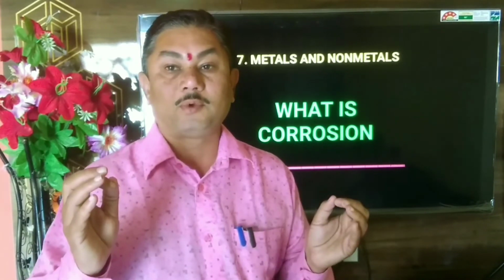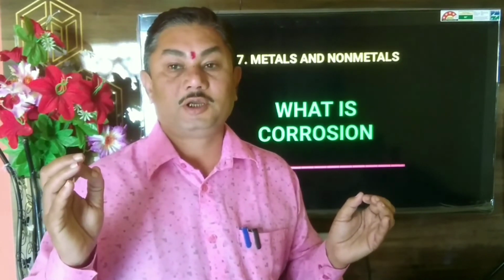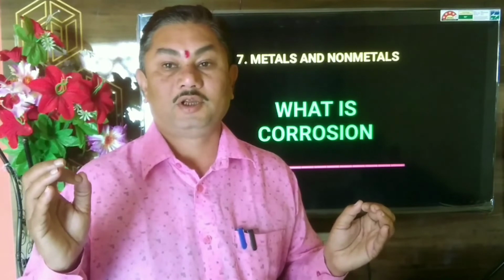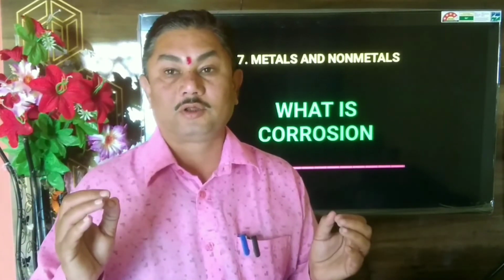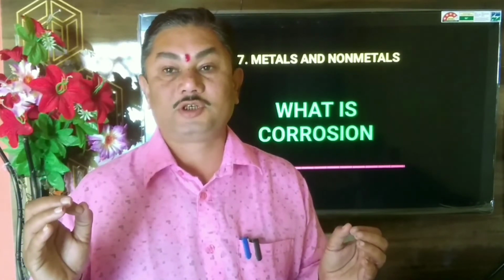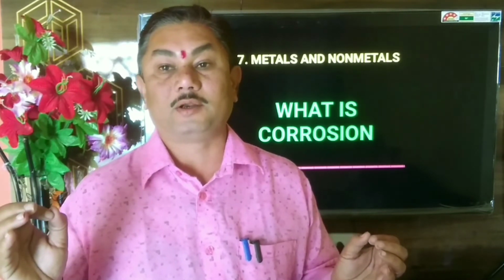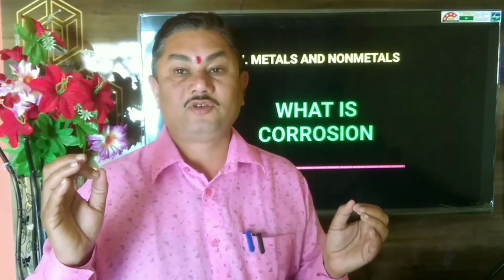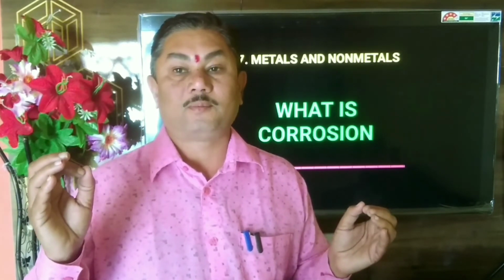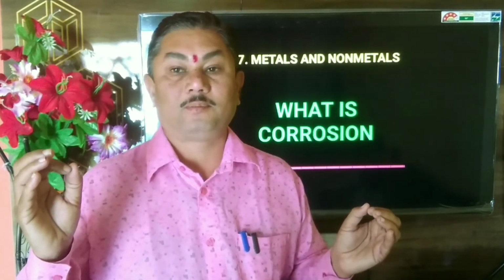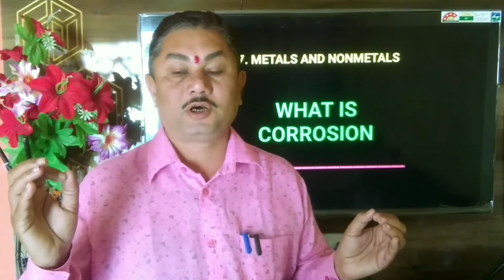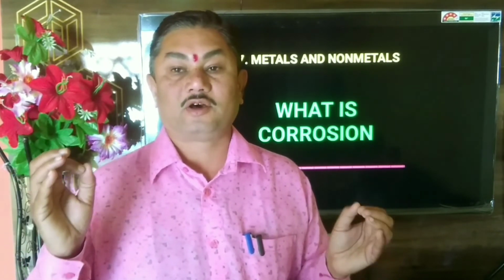The molecular formula of this rust is Fe2O3.XH2O. Thus, both oxygen and moisture are necessary for the rusting of iron. So, we can say that slow oxidation of iron in presence of oxygen and moisture is called rusting of iron.